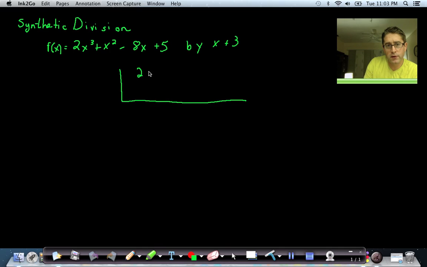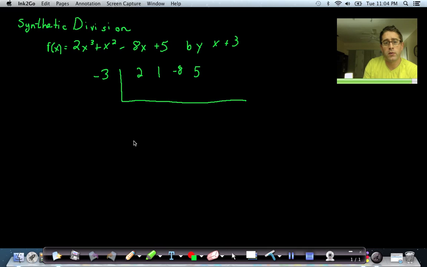So we'll have 2, we have 1, -8, we have 5. All right, so we have 2, 1, -8, and 5. Looks good. Now, the divisor is always going to be the opposite of the binomial there, so it's going to be plus 3. So we're going to put the opposite, which is going to be minus 3. It always works out that way.